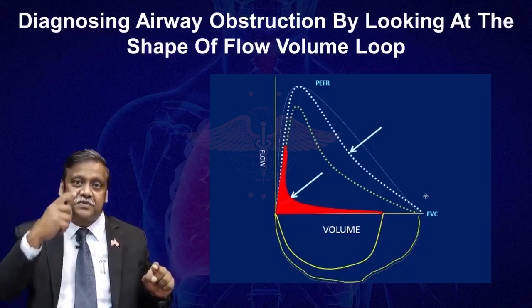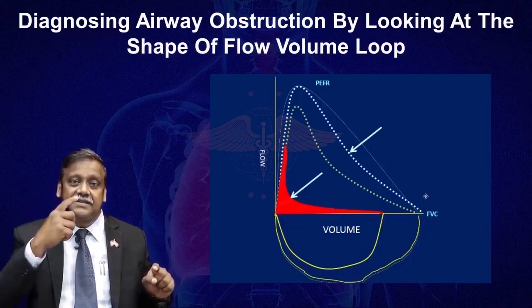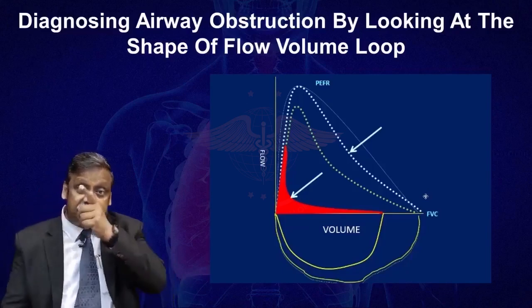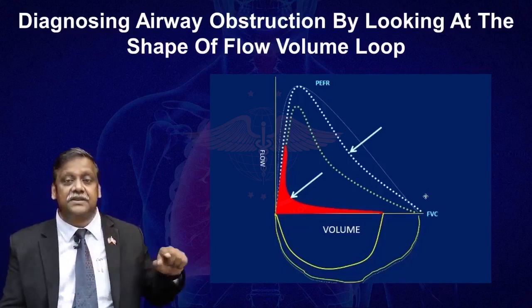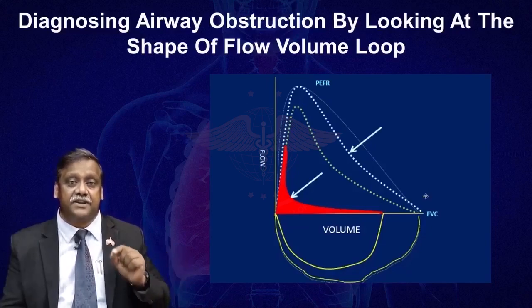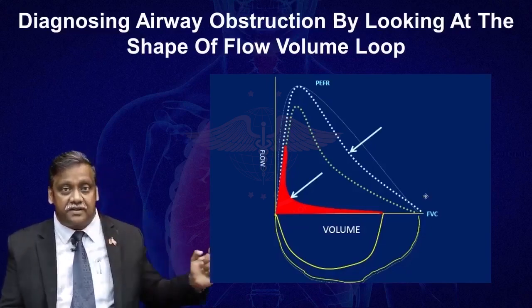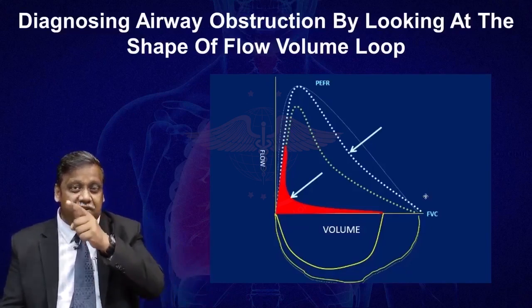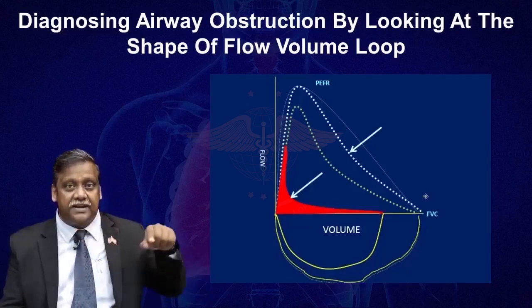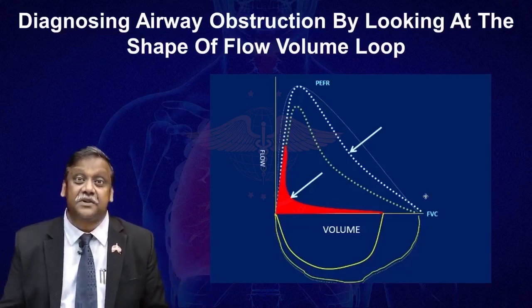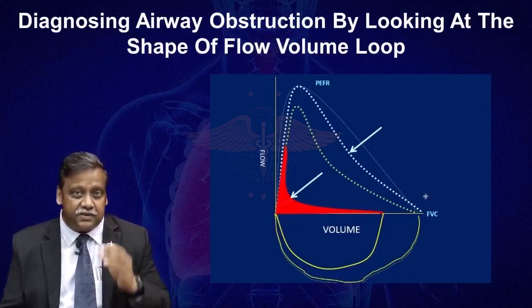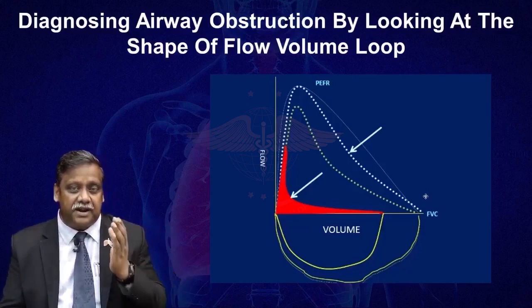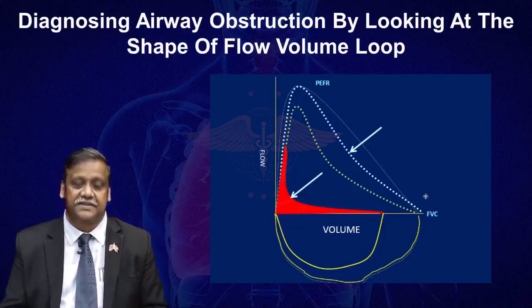The PEFR value has also become significantly less, and more important, you can see the nice right angle concavity. So this is indicative of severe obstructive airway disease. Low PEFR, low FVC, and almost a right angle curve over here is indicative of severe obstructive airway disease, classically seen in patients with emphysema. You see this shape of the curve and you know that this patient has emphysema.